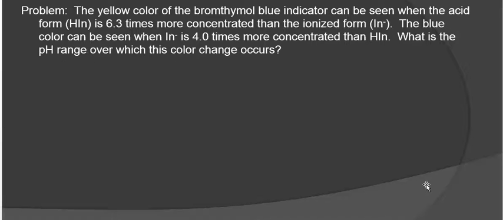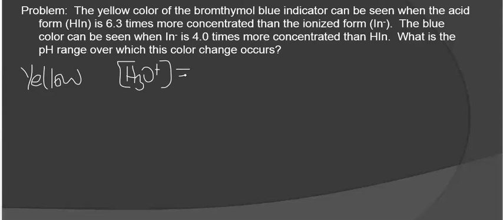Let's look at this problem here. I want to know the pH range over which the color change occurs for bromothymol blue. The yellow color is seen when the acid form is 6.3 times more concentrated than the ionized form. So let's start there, the yellow color. I want to solve for pH. So let's solve for H3O+.